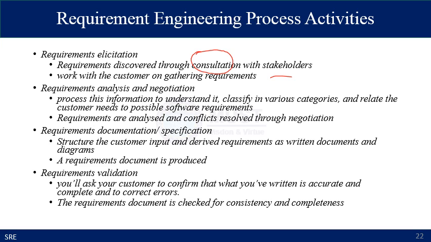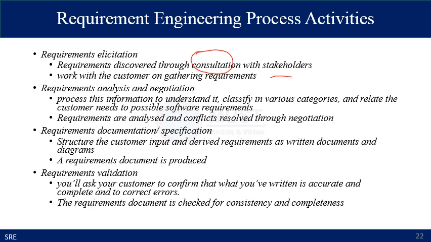In the requirement analysis and negotiation phase, you process this information to understand it, classify the information into different categories, and relate the customer needs to possible software requirements. Requirements are analyzed and conflicts are resolved through negotiation between different stakeholders and requirement engineers.